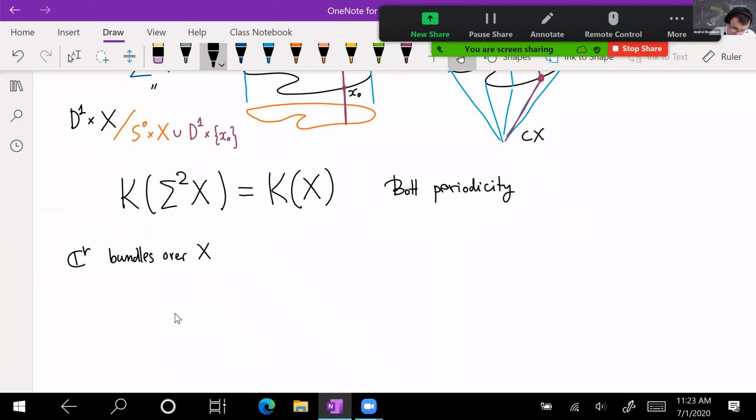I have this X, and I have a bundle V over that of some rank. If I pick enough sections, I can write any bundle as a quotient of some trivial bundle of some rank, and then there's a kernel.